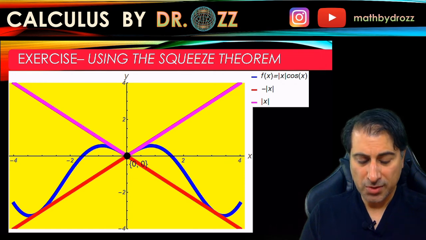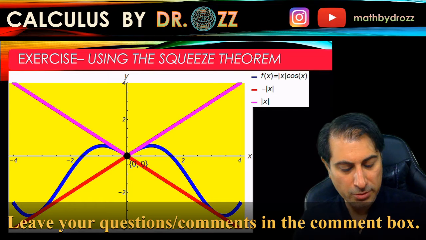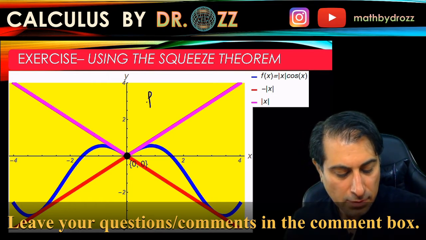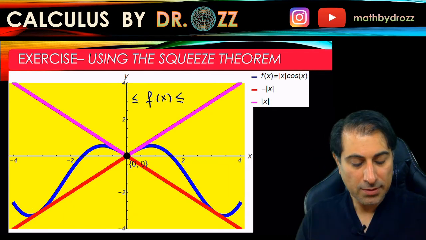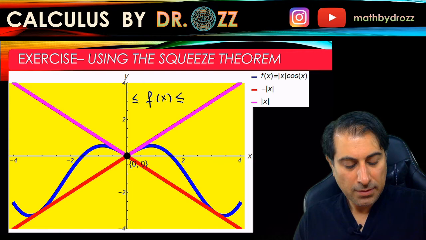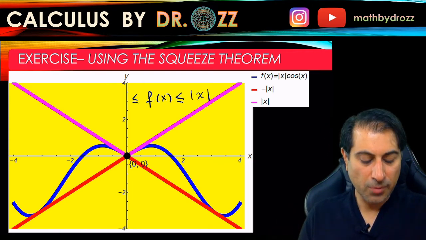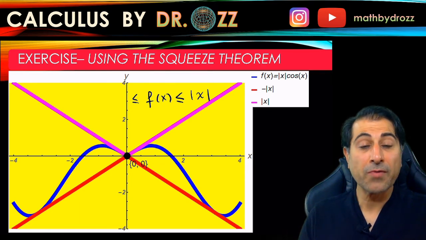So this tells me that f of x satisfies two inequalities. The first one is this one, because the absolute value of x is the pink graph. So all values of f are less than or equal to the values of absolute value of x.